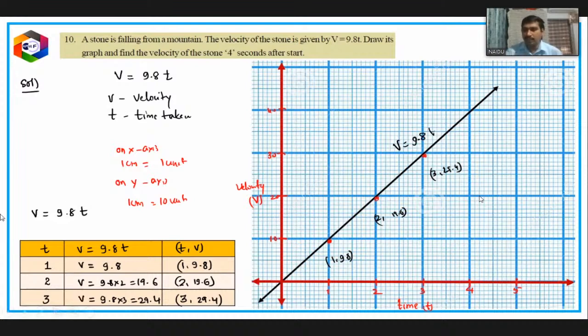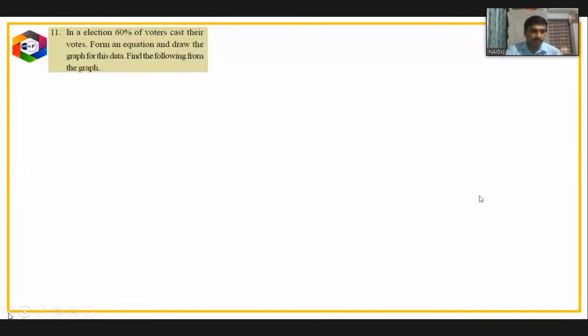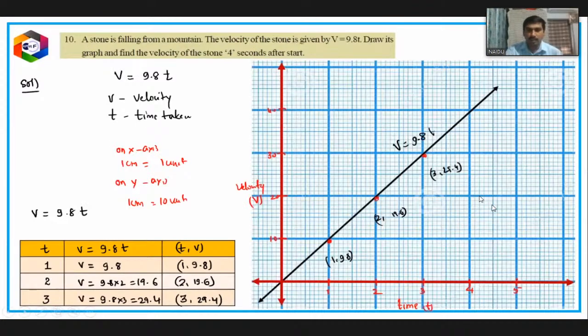Observe, children, since the question is asked about the velocity after 4 seconds, this is the line at time 4 seconds.